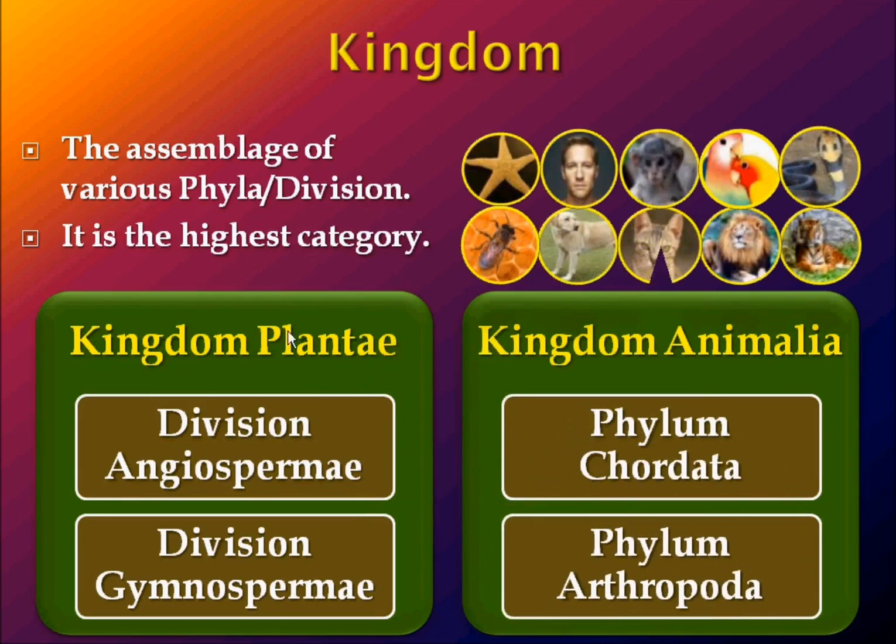That is, all the plants fall under kingdom Plantae, and all the animals fall under kingdom Animalia. So divisions which are having similar characters fall under a single kingdom Plantae. And here phylum Chordata and phylum Arthropoda may be under kingdom Animalia.